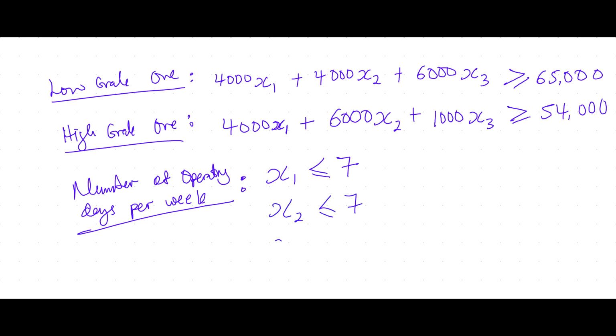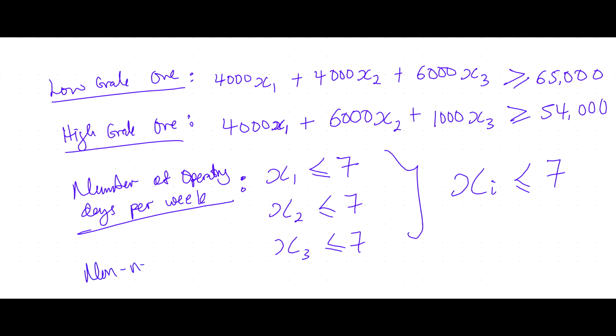Then X3. So all this could be Xi is less than or equal to 7 days. Right. Then our non-negativity rule, we also need that. So the non-negativity constraints, which is Xi should be greater than or equal to 0.